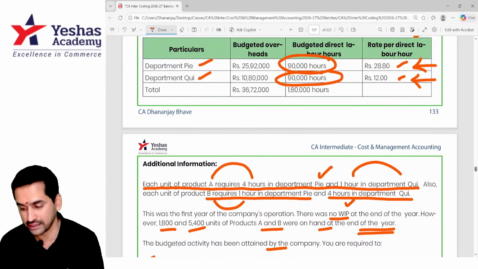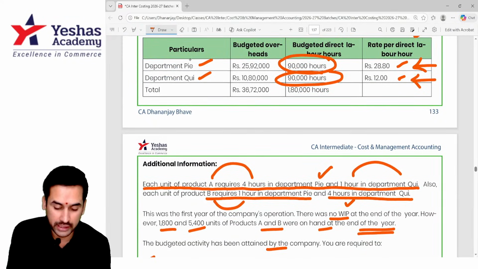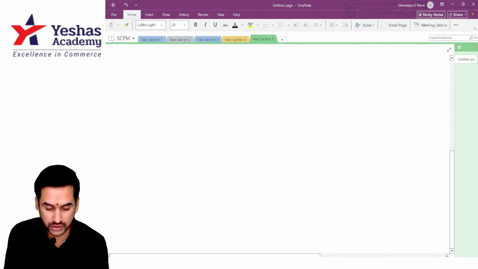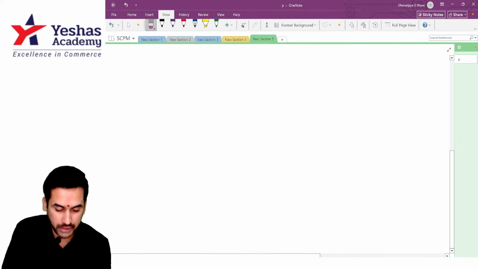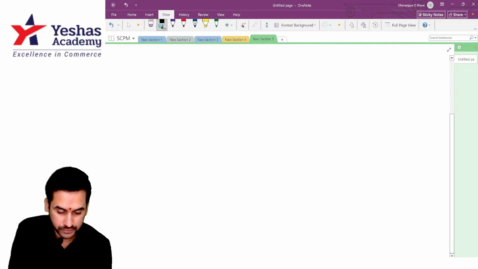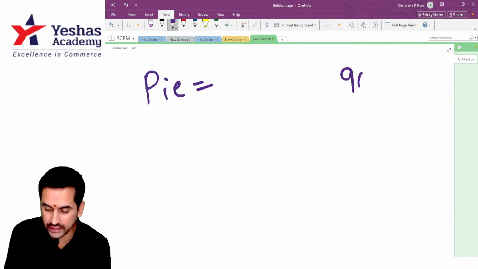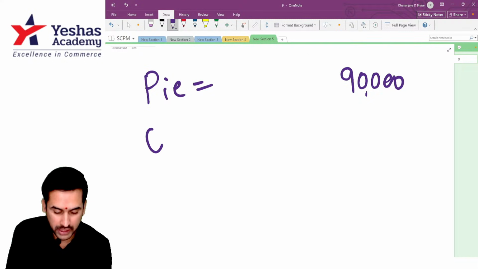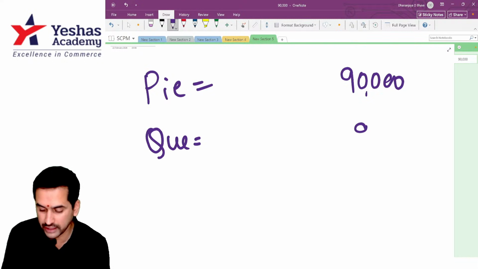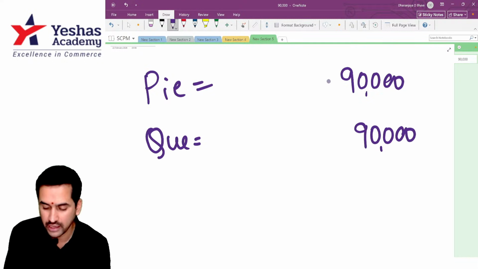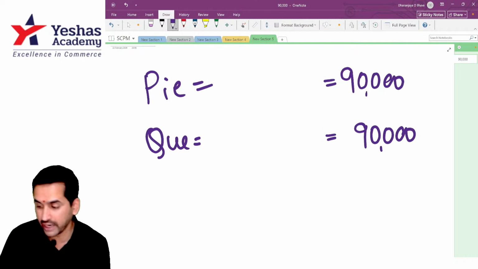Now, let's understand this in equation style. Department P has a total of 90,000 hours. Department Q also has 90,000 hours, correct? And what will you produce in P and Q?